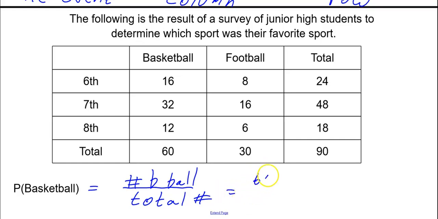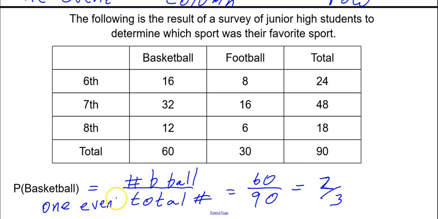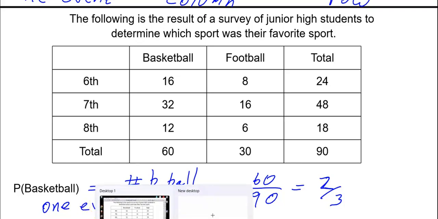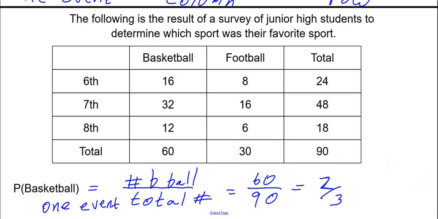So that would be 60 over 90, which then would become 2/3. Okay, focus on basketball, all the basketball people. One event. So it's one event, so that's always with the total.